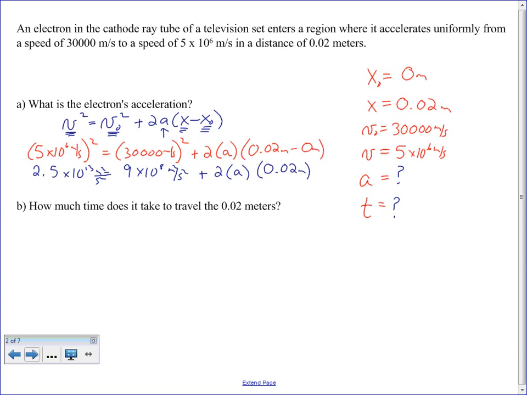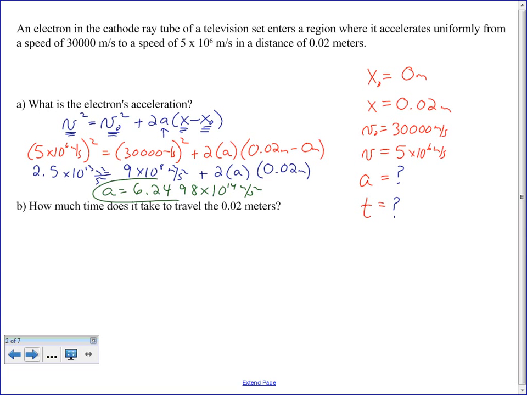And so we would subtract the 9 times 10 to the 8th over to the other side, divide by the quantity 2 times 0.02, and this would give an acceleration of 6.2498 times 10 to the 14th meters per second squared.